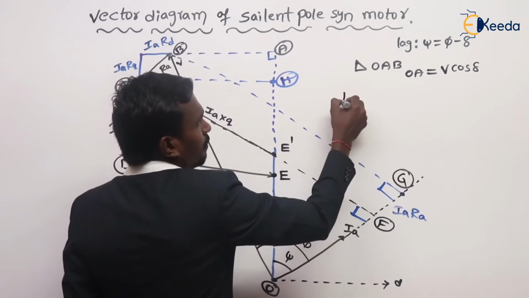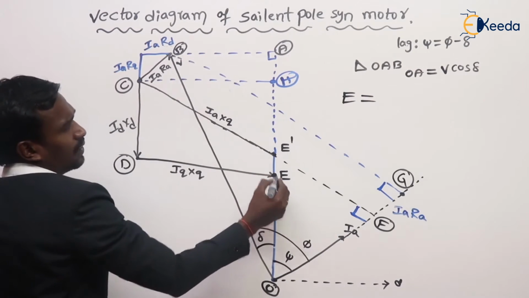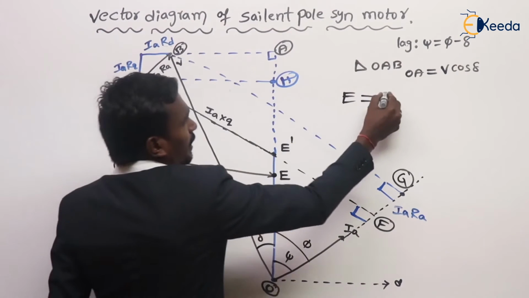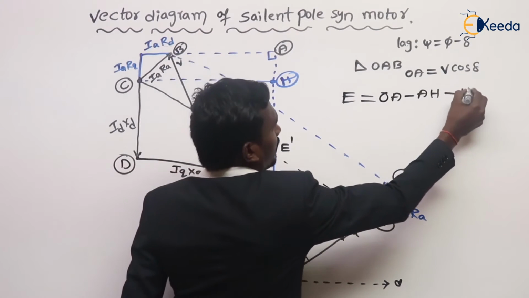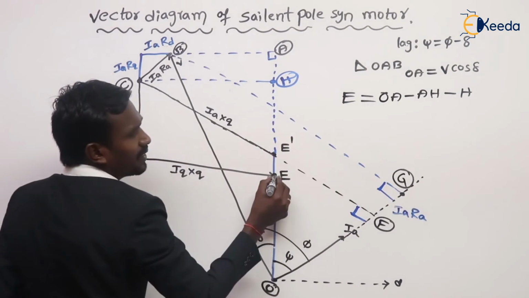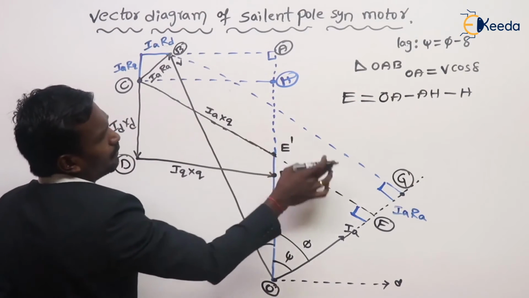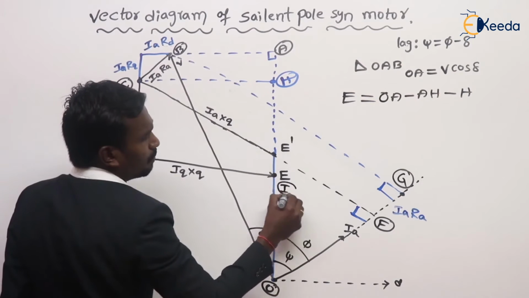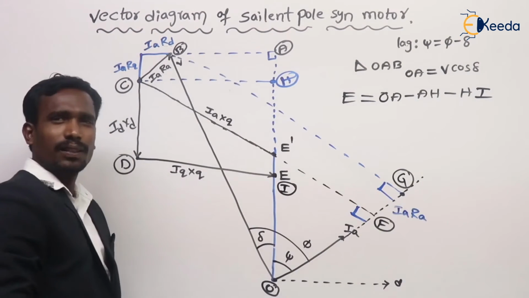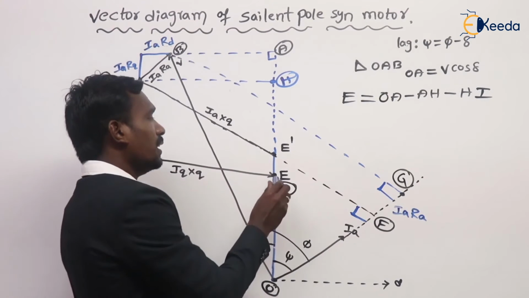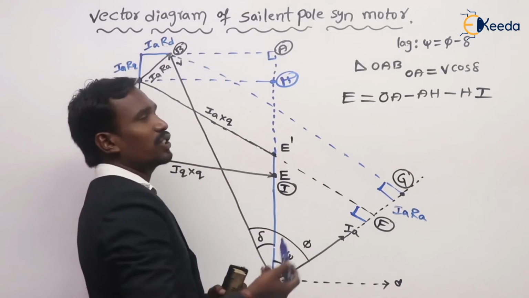But I want EMF E, this is only the EMF, right? So OA minus AH minus HI. We are not getting the point here, right? E, F, G, H, for example, this is point I, so HI. EMF E equals OA minus AH minus HI.